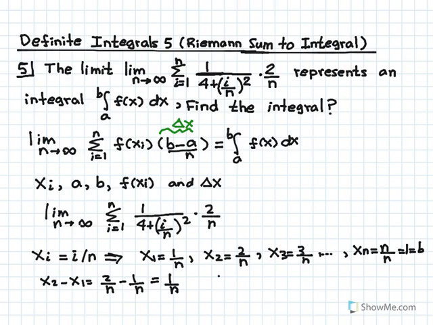More generally, delta x is equal to xi minus the previous x value, xi minus 1, that is i over n minus (i minus 1) over n, and subtracting these two fractions, that comes out to 1 over n, that is delta x. So what we have is delta x is equal to b minus a over n, that's equal to 1 over n.